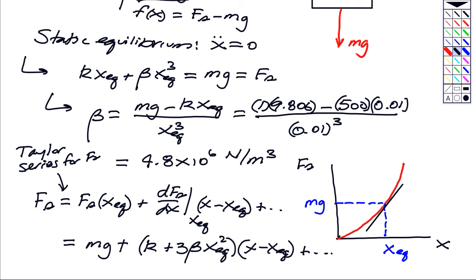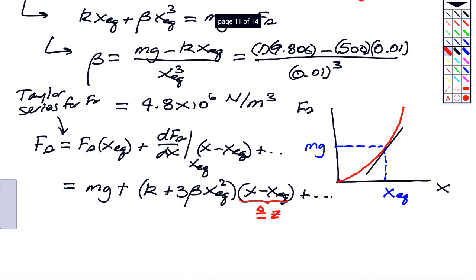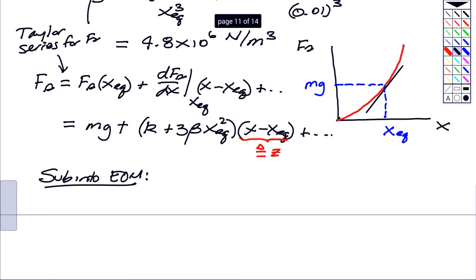And based on what we've done before, we're going to say that the variation of x away from the equilibrium state is what we're going to call z. So I substitute this back into the equation of motion and truncate that Taylor series expansion after the linear terms.